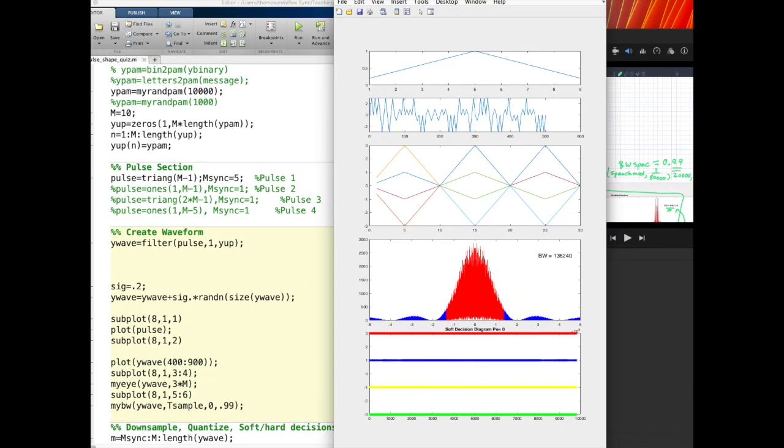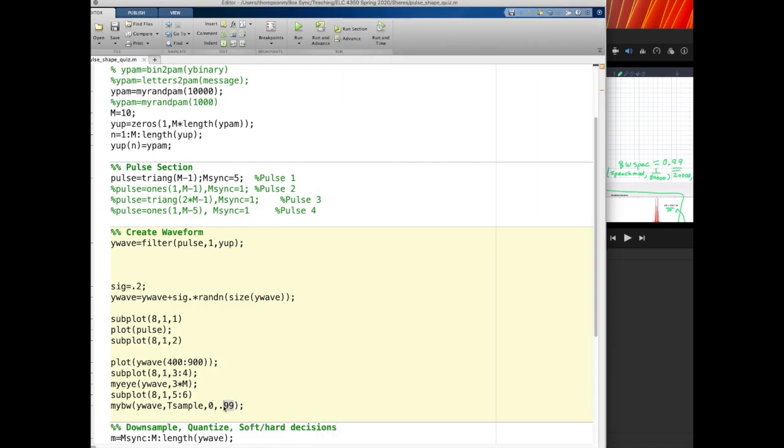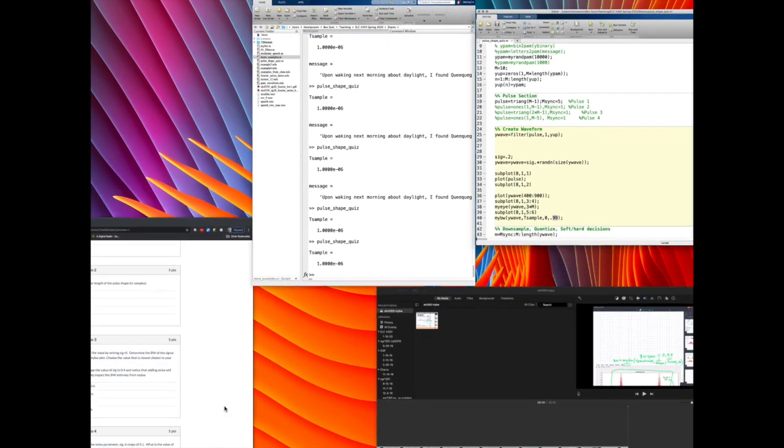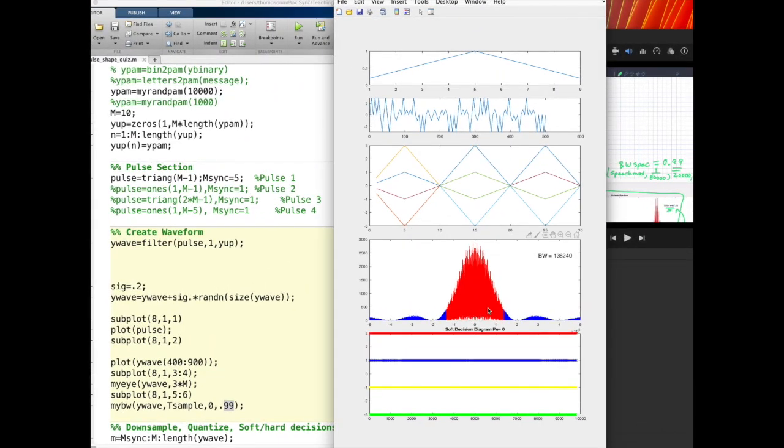Okay, so we pull this back up. The next question is, what is the bandwidth of this signal? With the my bandwidth command, you can see the part that's in the 99% energy here, right? Because I used 0.99, that's 99% of the energy shows up in this red band.